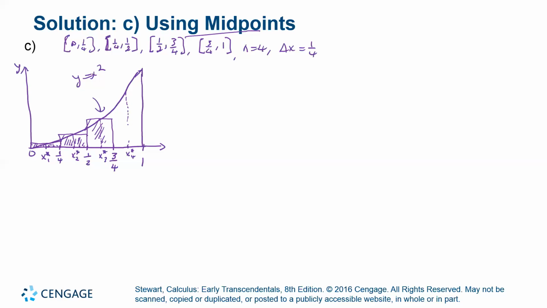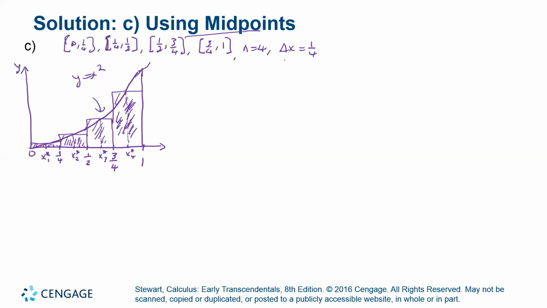I use a broken, dotted line. And that gives me this. So from the graph, you could see that the midpoint would definitely be a better estimate, because you can have the same area overestimating and underestimating. So it's a better one.